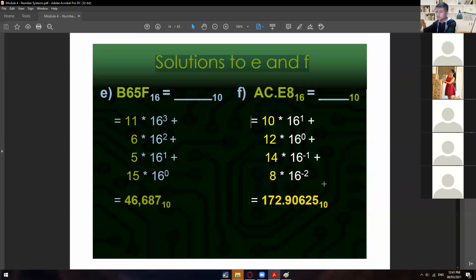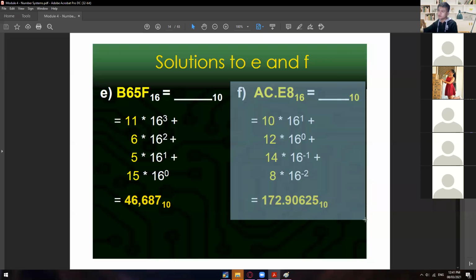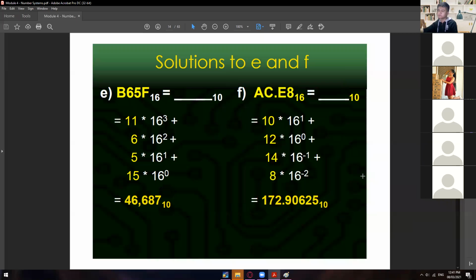And then just do the math with your calculator, then you will get 172.9625. All right, so are we clear with letter F?